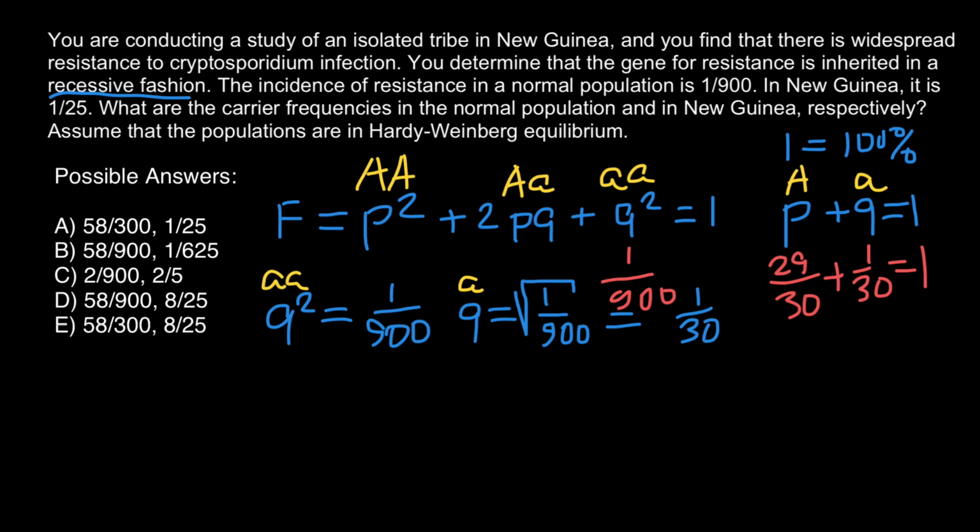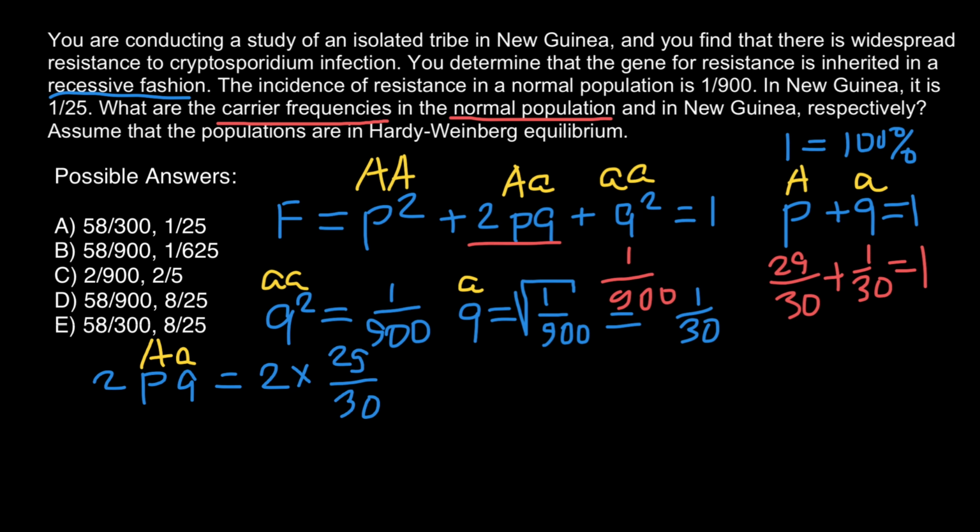Now, in order to answer our question, and our question is what are the carrier frequencies in the normal population. This is a question about the frequency of this genotype, which is 2pq, and this is the heterozygous genotype, the frequency of the carriers. 2pq, which stands for the frequency of the heterozygous genotype or carriers, would equal 2 times 29/30 times 1/30.